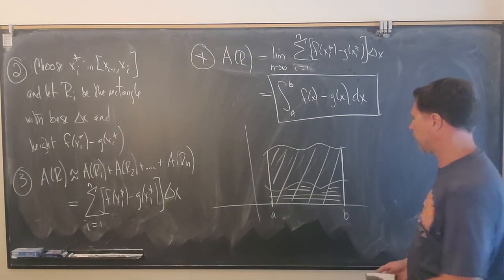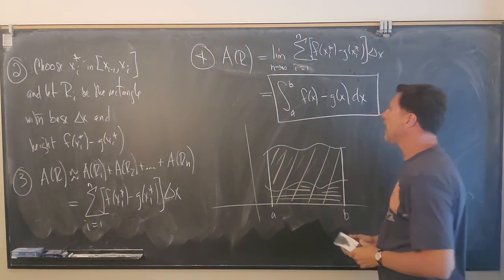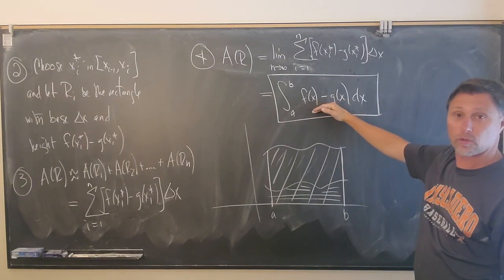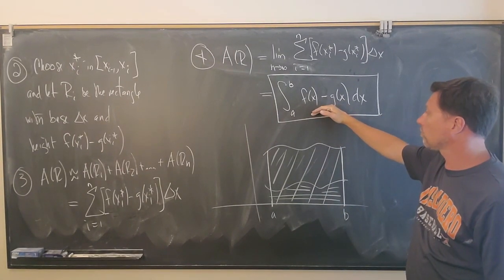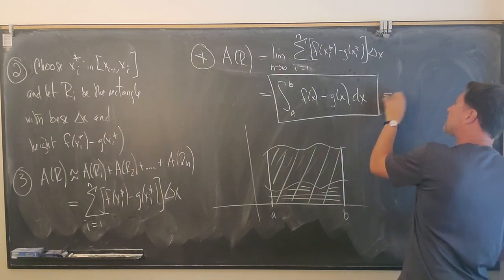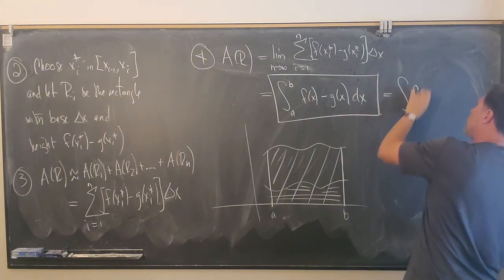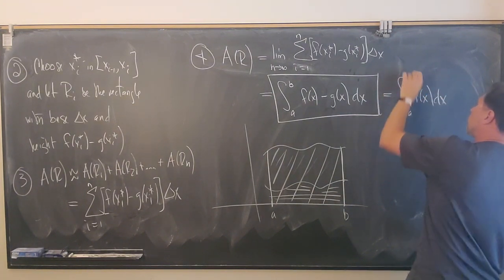That's a way to think of it. That would leave us with this area right here. And that's exactly what this definite integral does, because you could split this up as two separate integrals.